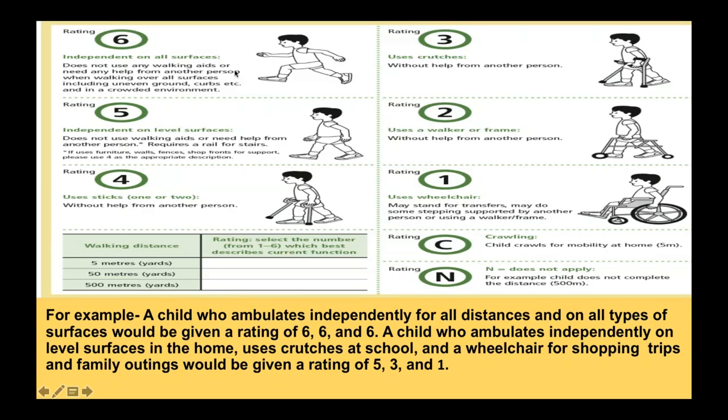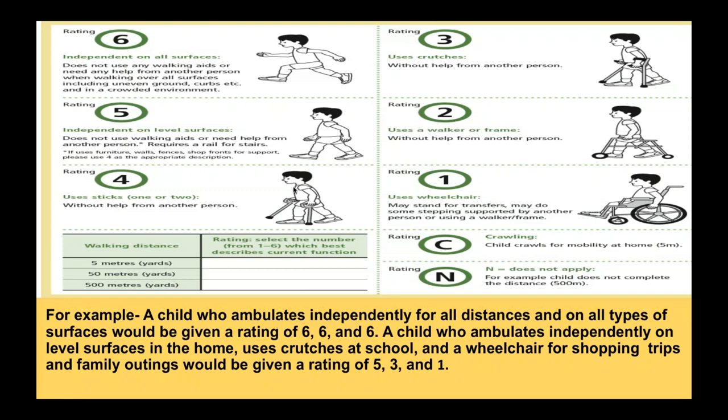But somewhere you may have a child who's doing 6 at home, a 3 at school, and maybe a 1 in society. So you're really going to look at all these things for the 3 given dimensions. You can't just do it for school or home. You do the same child and see for 5 meters, 50 meters, and 500 meters where he is.